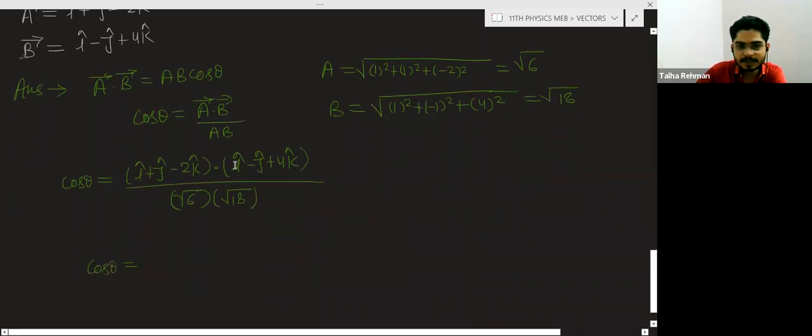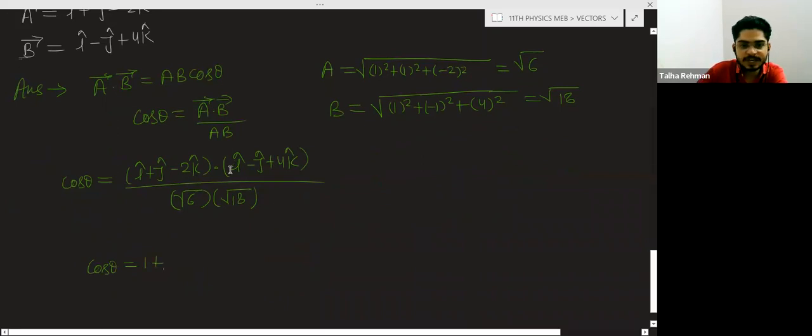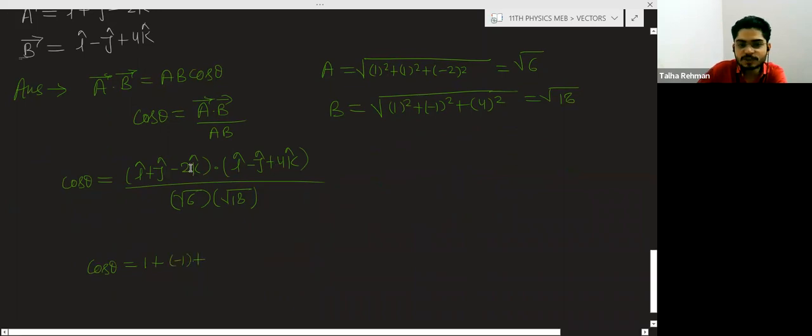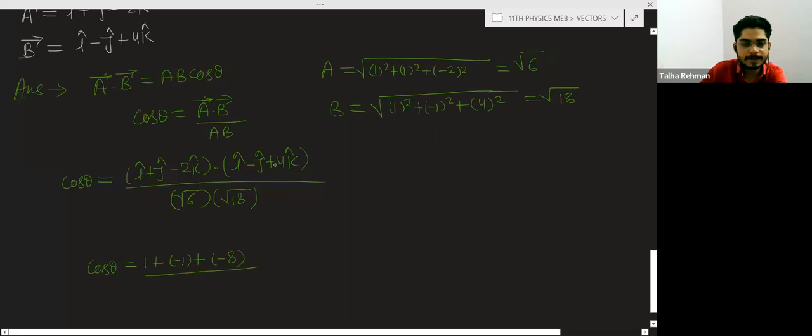This is i cap, this is i cap, so this will become 1 plus. This is j cap and this is minus j cap, so this will become minus 1 plus. This is minus 2 and this is plus 4, so this will become minus 8. And here is root 6 and root 18.